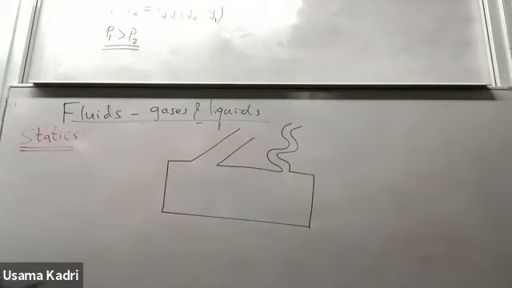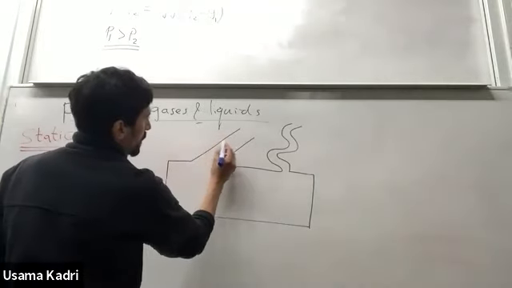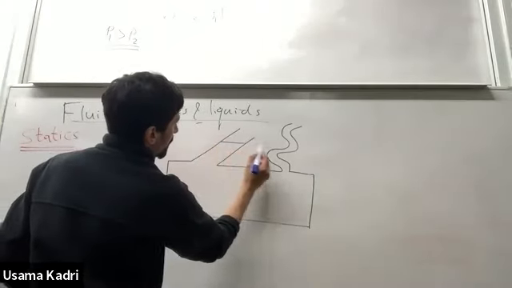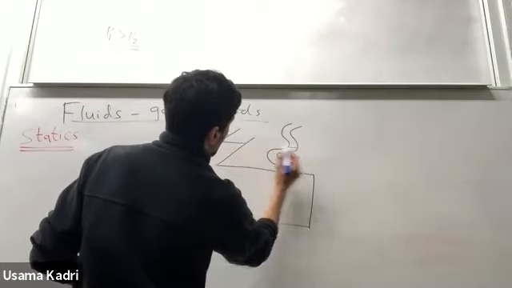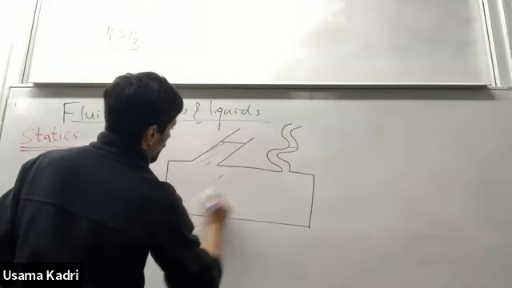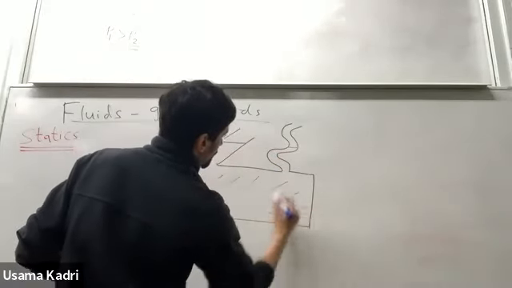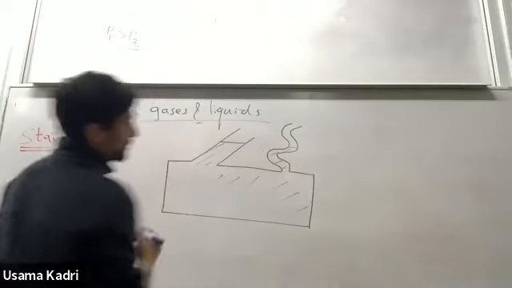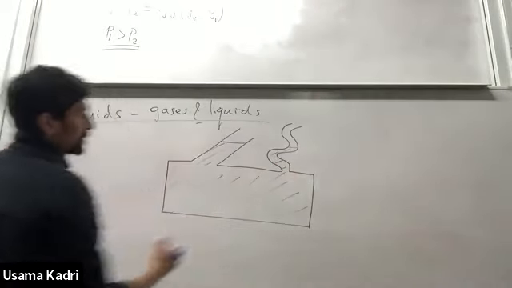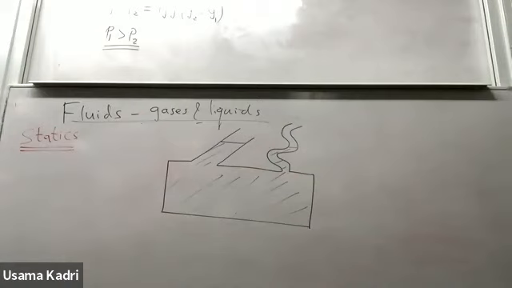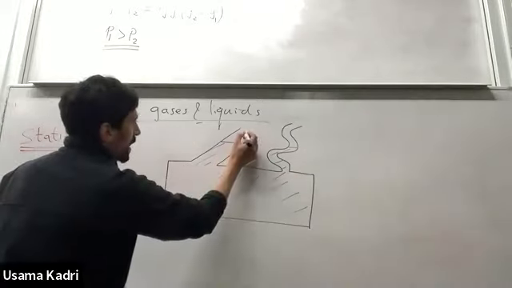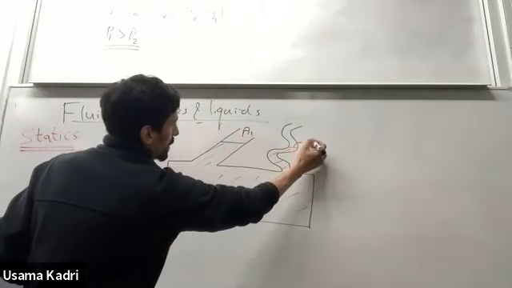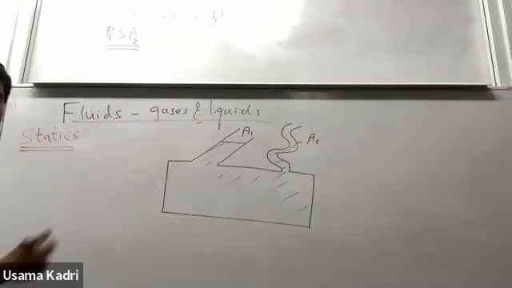And the container is full of fluid up to some level here. This is the cross section of the container. Let's say all this is water. Now this has some area A1, this has some A2. A2 is smaller than A1.